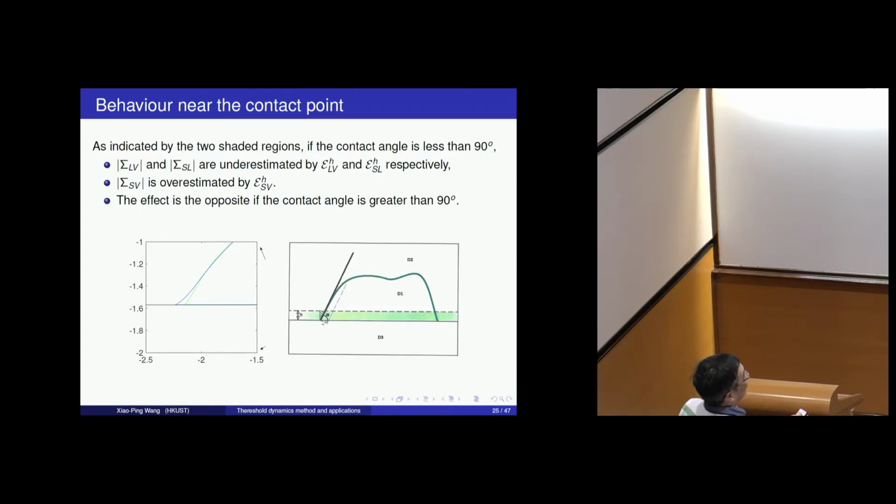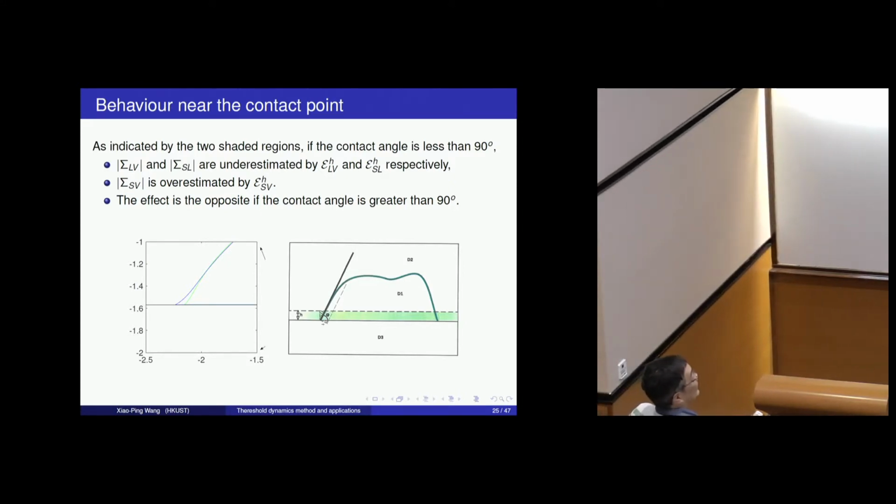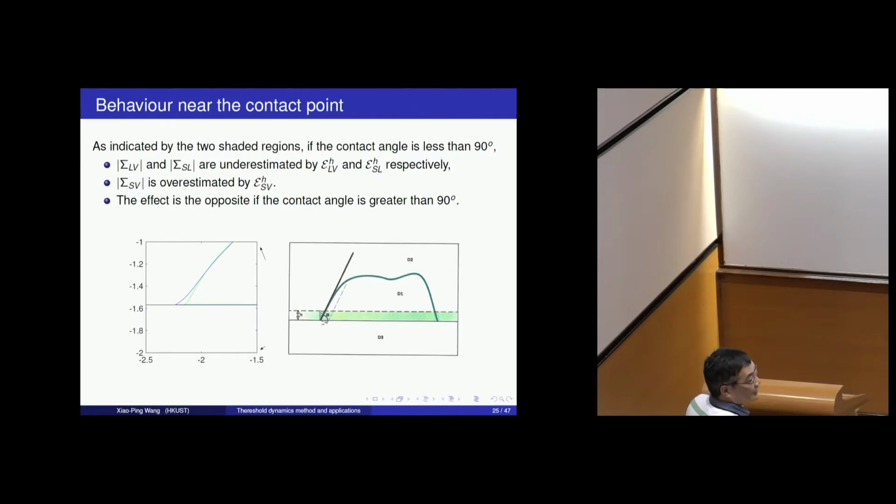The contact angle is the ratio of these, and even as H goes to 0, this deviation is not decreasing. So you always have a deviation.